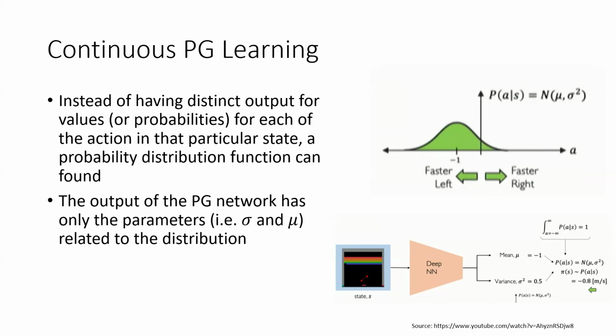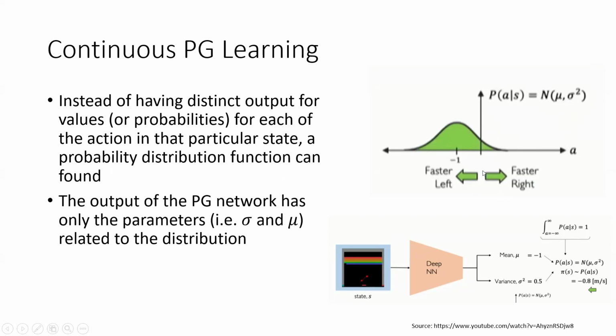So instead, you have to use a continuous probability distribution, and policy gradient learning can learn continuous functions as well, where the probability distribution is not discrete, but a continuous probability distribution function like the normal distribution.